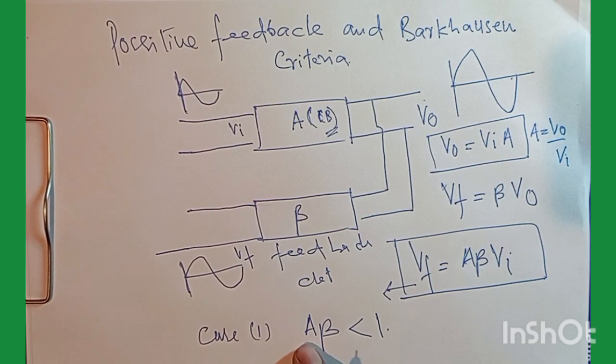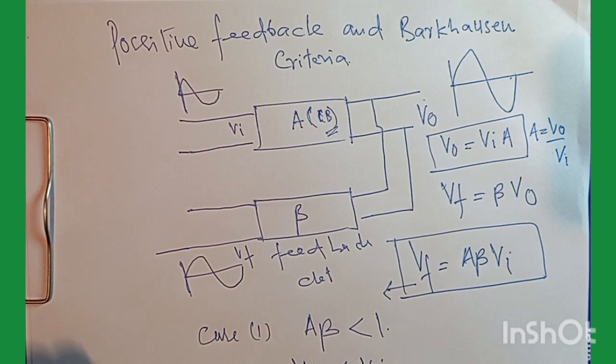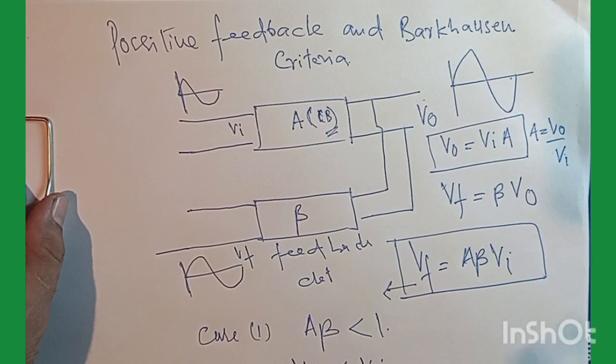Now, if this A beta is less than 1, what is going to happen with VF? VF will be less than VI. I think it's clear up to here.